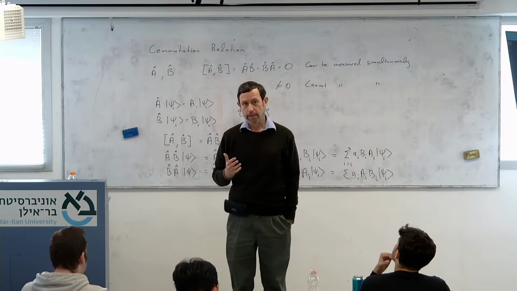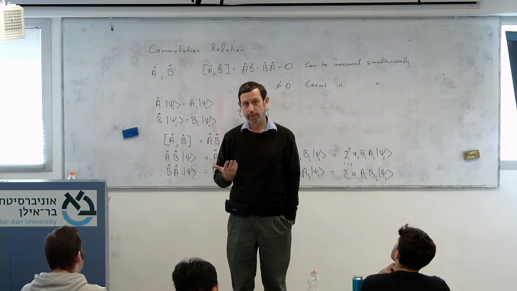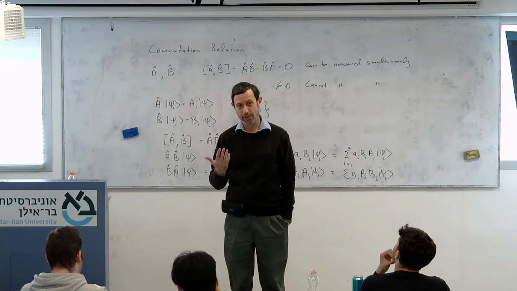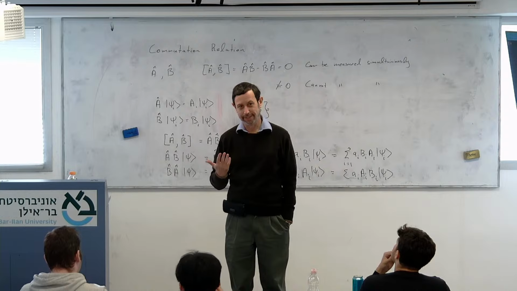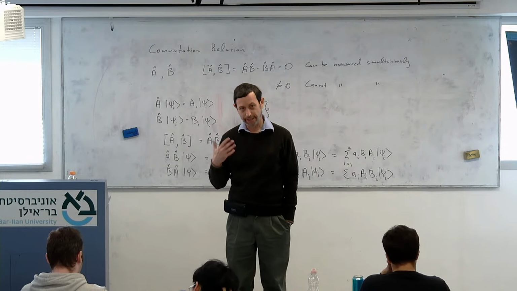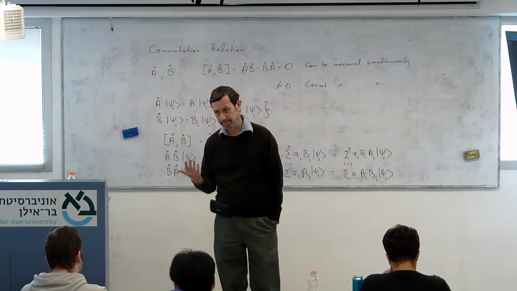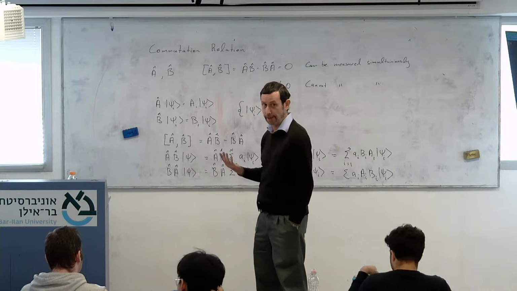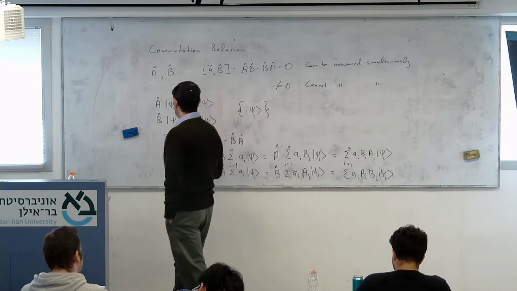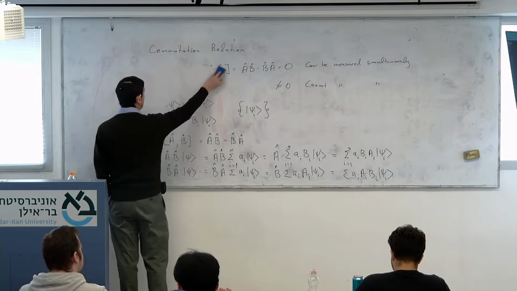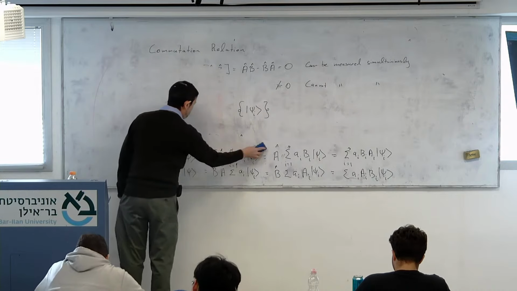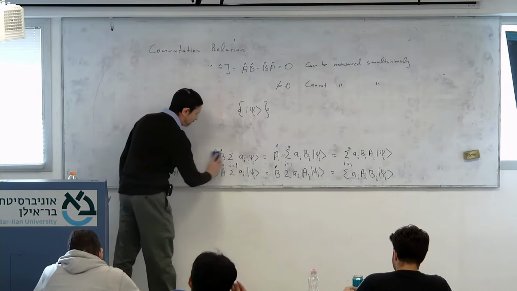Okay, but truth be told, we didn't calculate the eigenvalues nor the eigenvectors, not for x and not for p. So we'll start by doing it for x. Hopefully, maybe we'll also do it for p. If not, we'll do it in the next lecture.